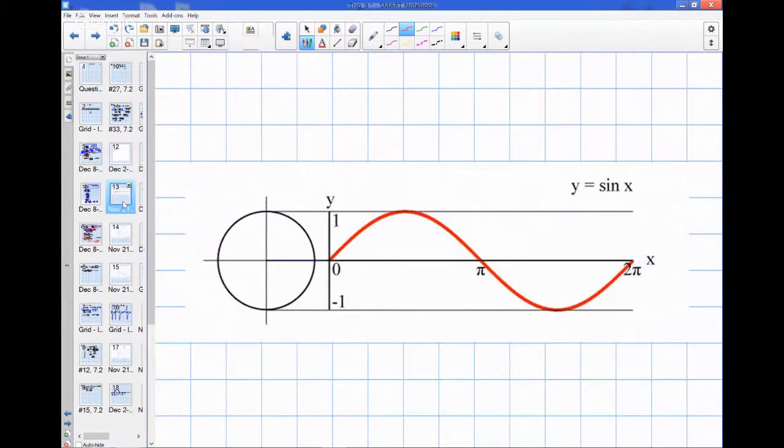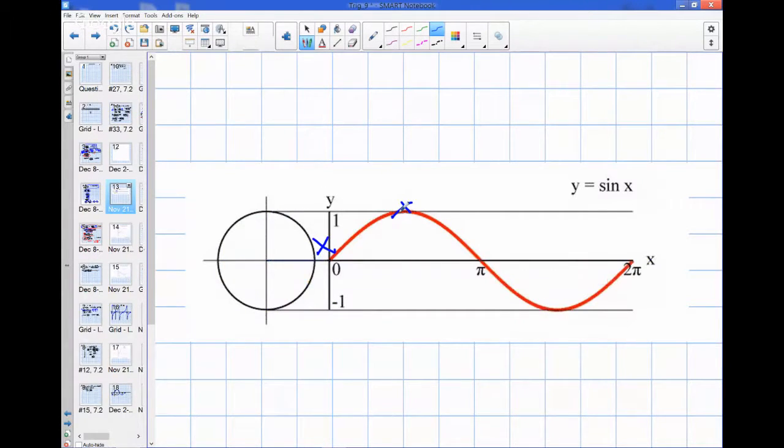This is one way of looking at it. You know, in the first quadrant, sine is what? Starts at 0, and it increases up to 1. That's what happens from this point right here up to this point. Sine starts at 0, and it goes up to 1.